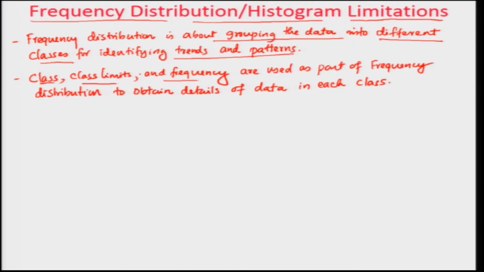Classes, class limits, boundaries and frequency are used as part of frequency distribution to obtain details of the data in each class. So from each category, how much of the data belongs to that category, we use these tools to identify that.